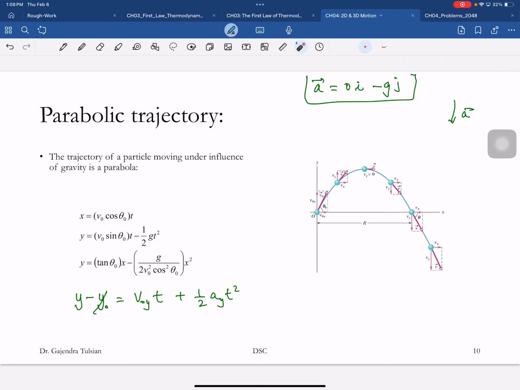V naught y is the initial y component of the velocity, which is v naught sine theta naught. So y is v naught sine theta naught t plus a y. What is a y? Very good, negative g.